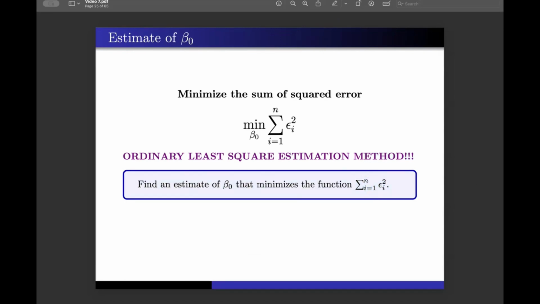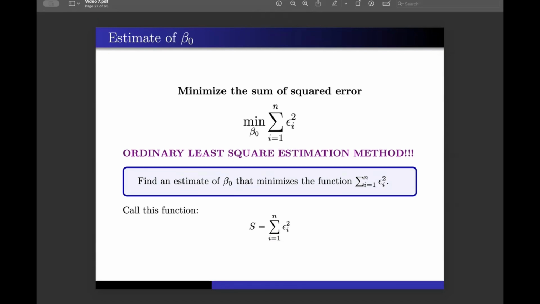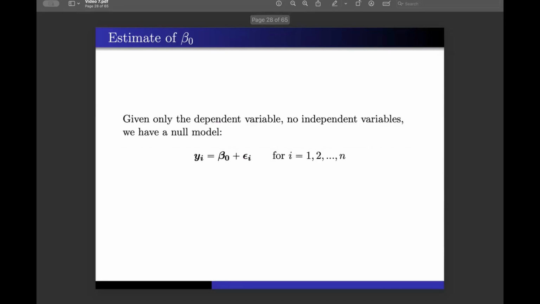We are minimizing the function summation i going from 1 to n of epsilon i squared, and let's call it S. S is just the notation we have given to this function. Given only the dependent variable, no features, no predictors, we have this null model equation. And what we are interested in is minimizing this function S to estimate beta naught.